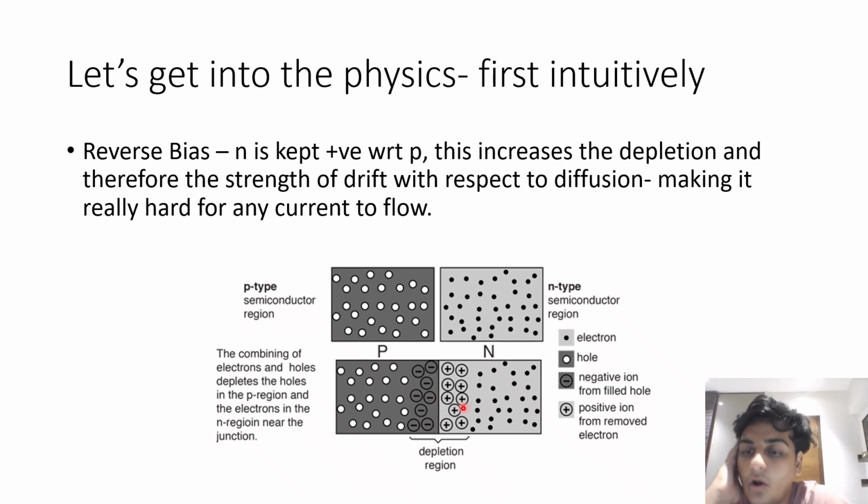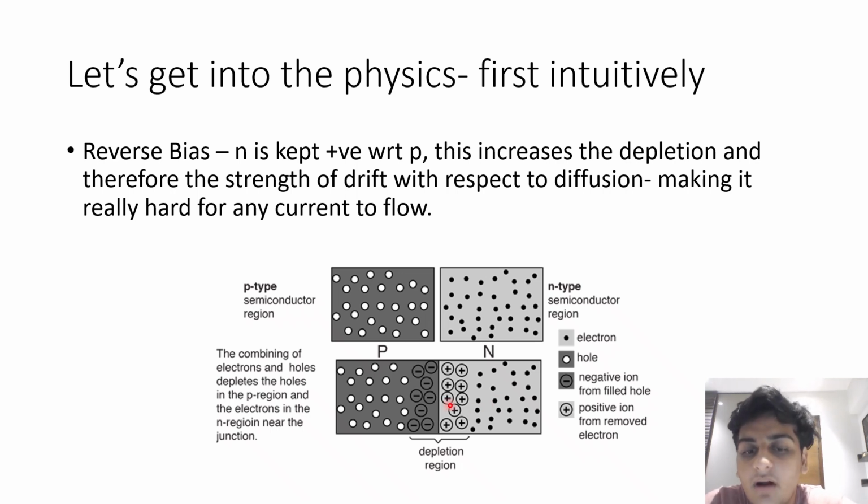Now, a common question that people raise at this stage is, why doesn't this simply mean that now you have drift overpowering diffusion, and so you have current in the opposite direction? For this, it's important to revisit how we spoke about where drift comes from, right?